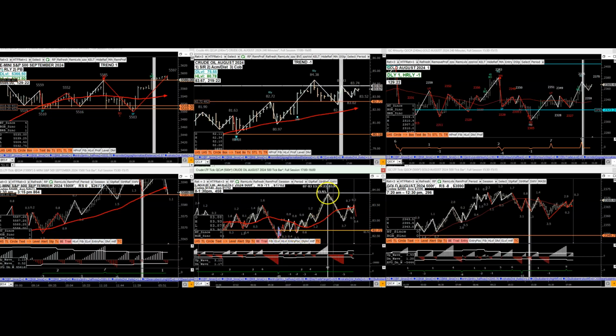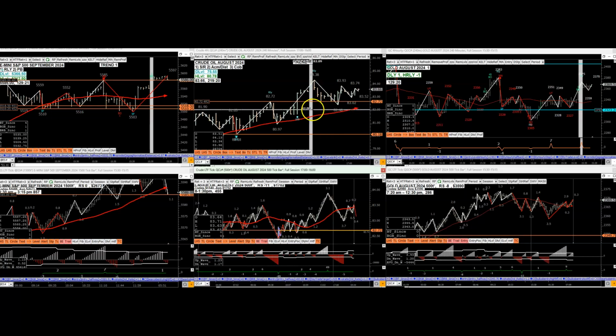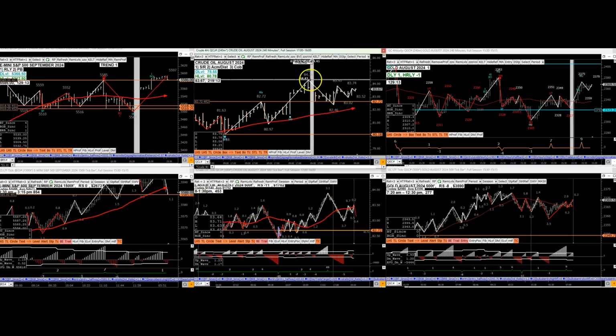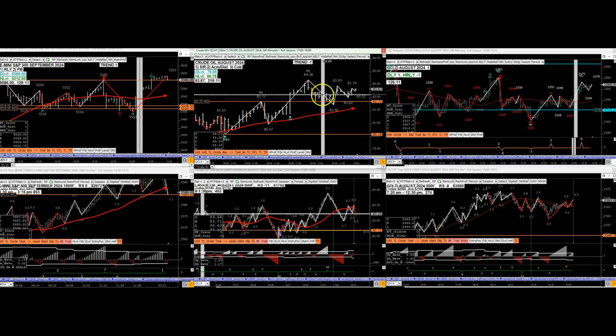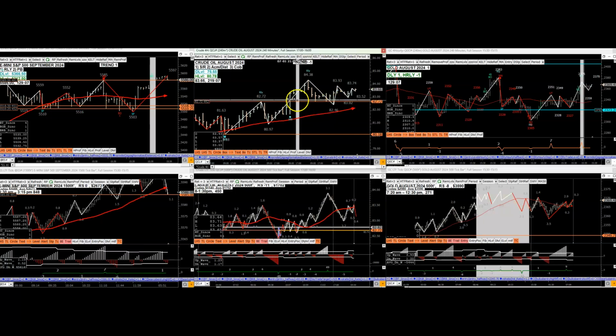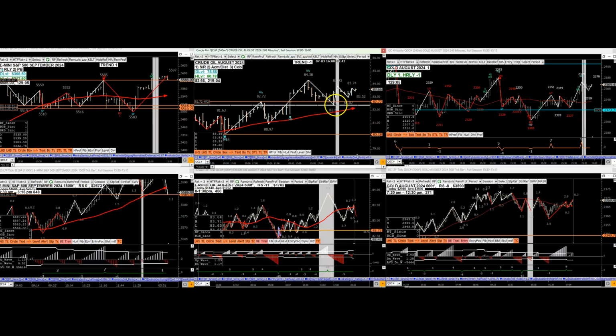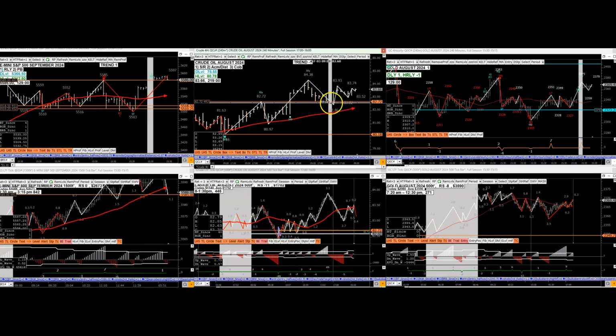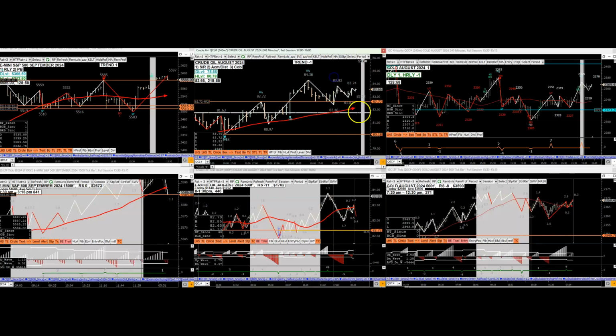Test, retest, and then it went. So this type of spring is a little bit more difficult to see because the waves don't catch it. It's down, more of an inside wave, and then takes out the low, and you just have to know. And then it popped.